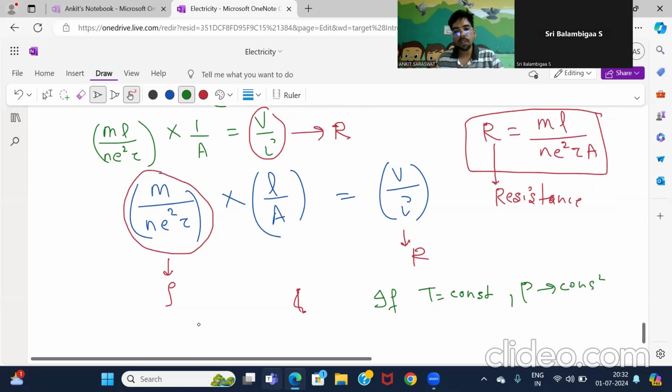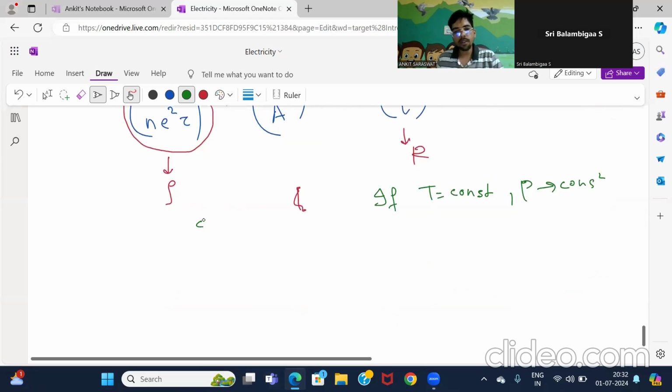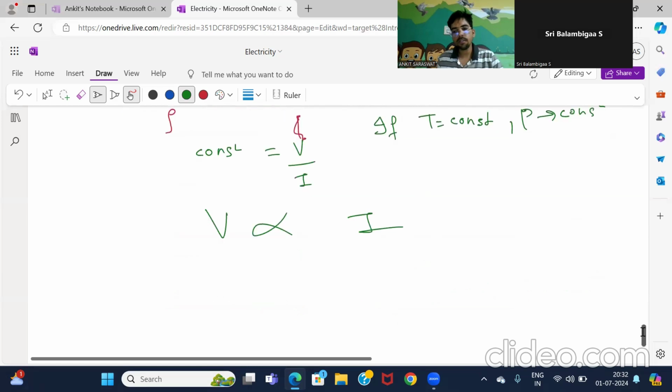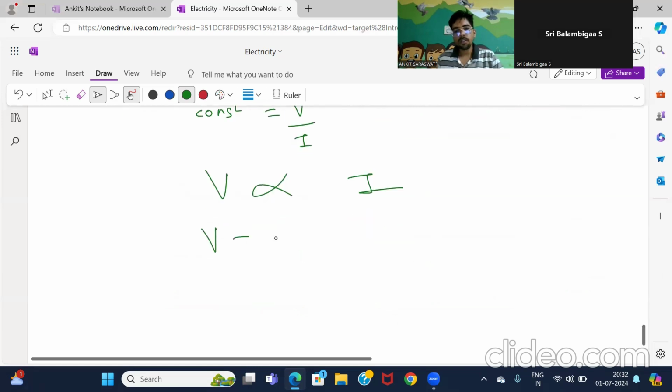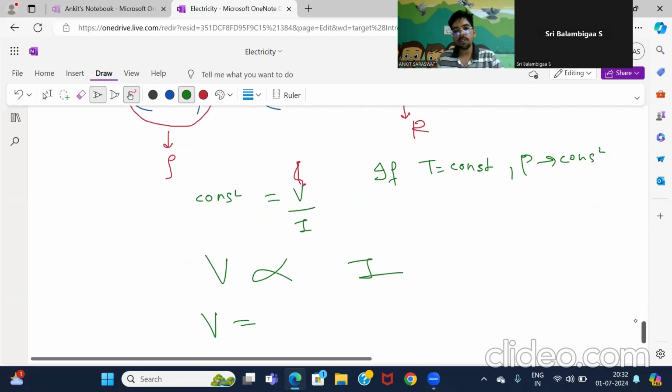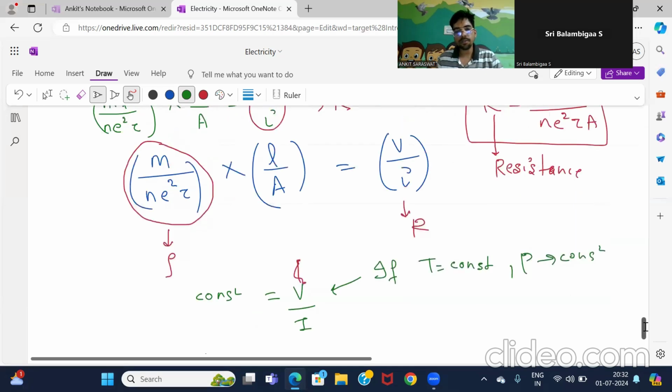Constant is equal to V by I. Can I write this as V proportional to I? Yes, sir. You have learned that at constant temperature and pressure, V is proportional to I. It is coming from this equation.